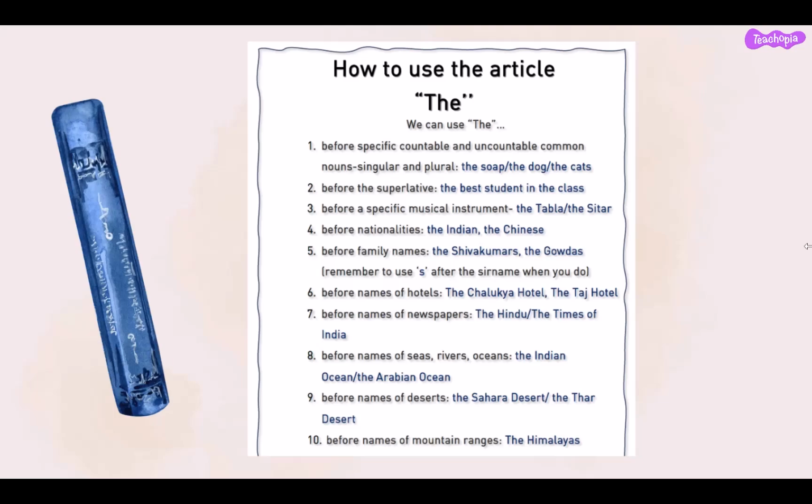So when you're talking about somebody's nationality, you use the. It can also be used before names of newspapers, seas, oceans, deserts, mountains. And if there is any specific thing or object that they would like to point out in their sentences, they may also use the.